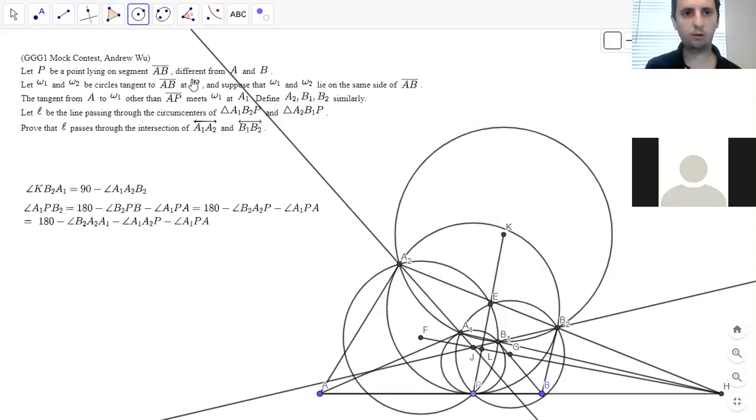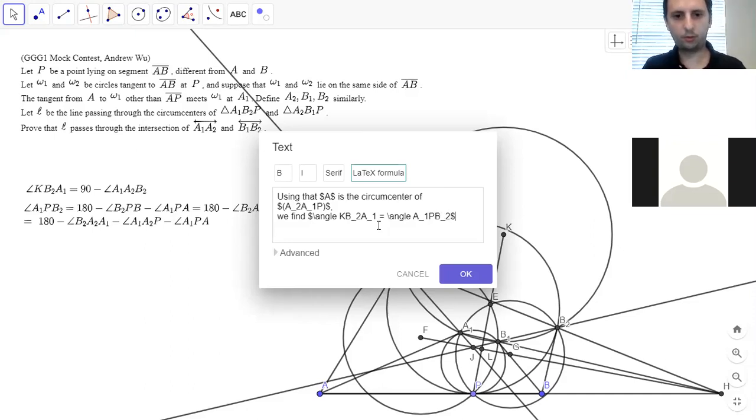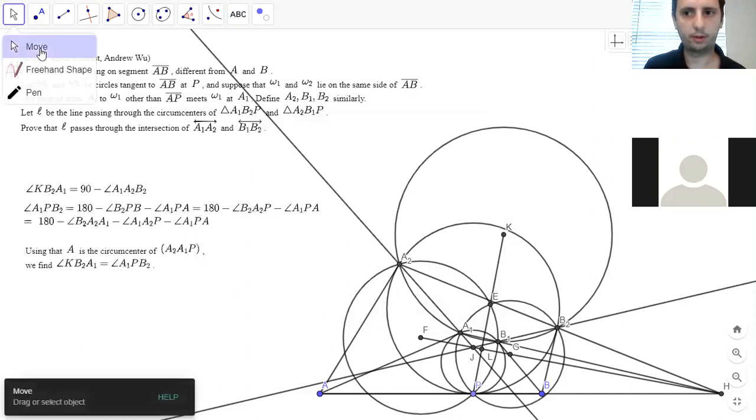So I'll also say, okay, so using the fact that A is the circumcenter of A2 A1 P, we find those two angles are equal, so K B2 A1 is equal to A1 P B2, and so that means that K B2 is tangent. Okay, so I'm just going to write this out quickly because I know we ran out of time.